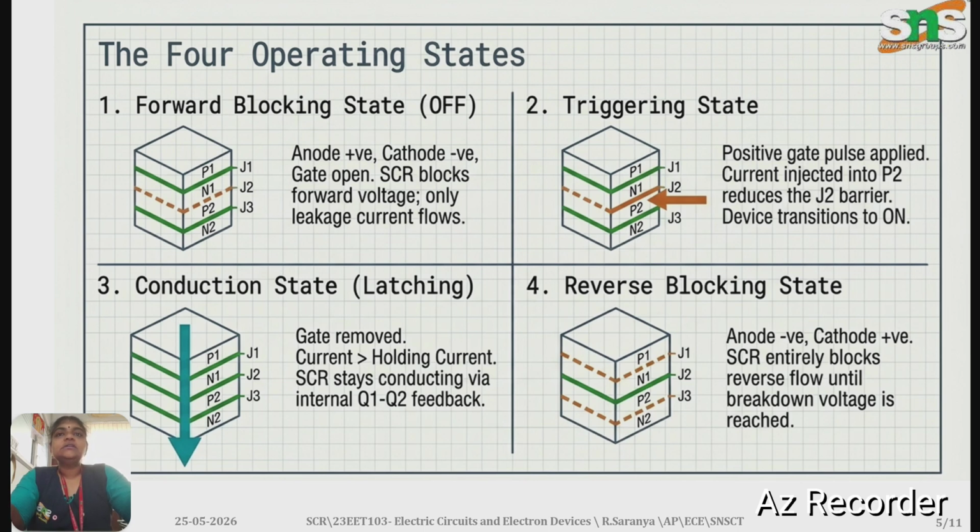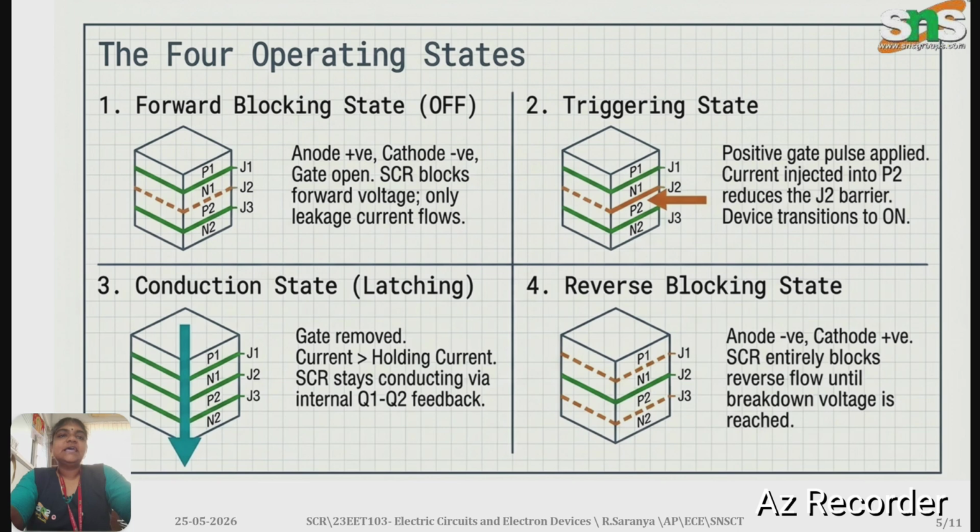The SCR will turn off only when the current falls below the holding current. It holds some amount of current inside the loop, and only when the current falls below that holding current will the conduction stop.